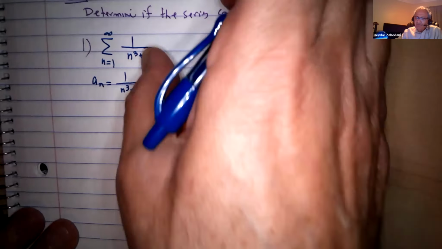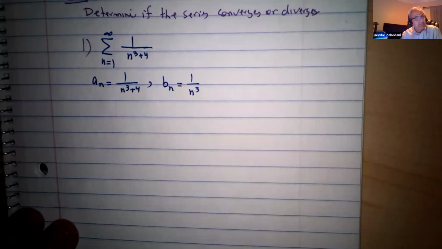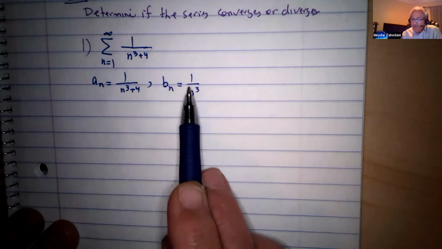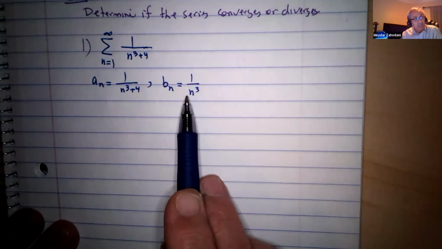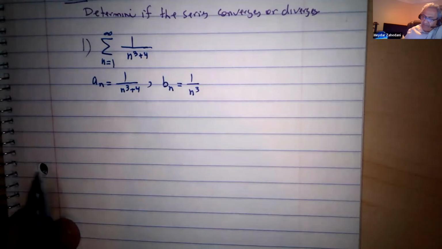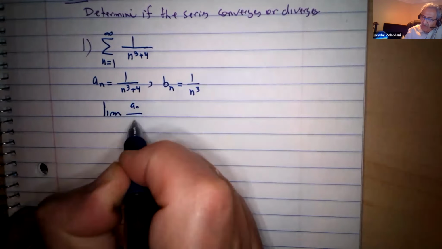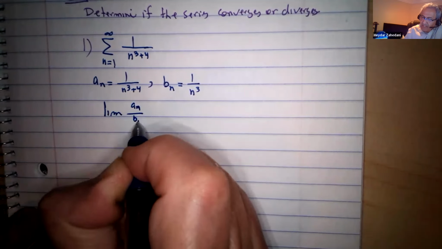Forget about the leftover, because when n goes to infinity it doesn't matter. So this makes the sigma of 1 over n cubed, which is a P series and it's convergent. Now this is the limit of an over bn.